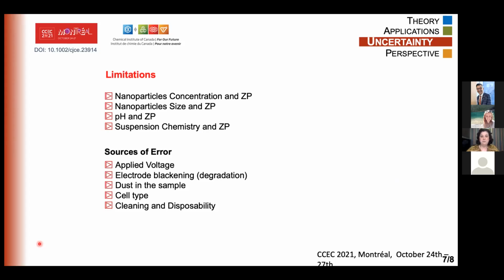So quickly, I'm going to talk a little bit about each one of these limitations and sources of errors, so we can have a panel of what can be the source of these errors during your measurement.